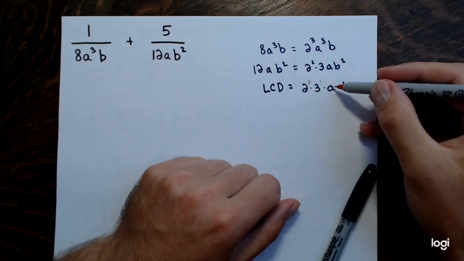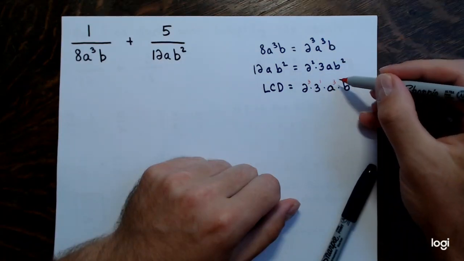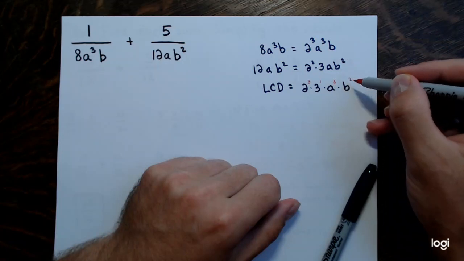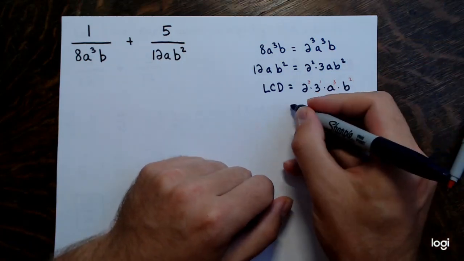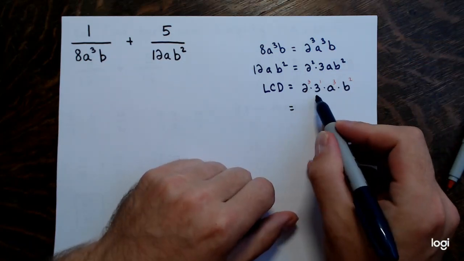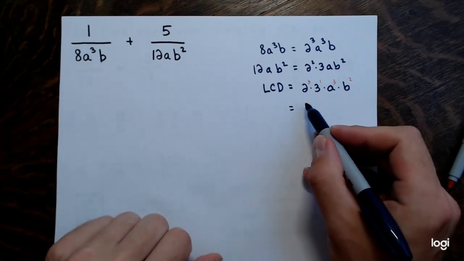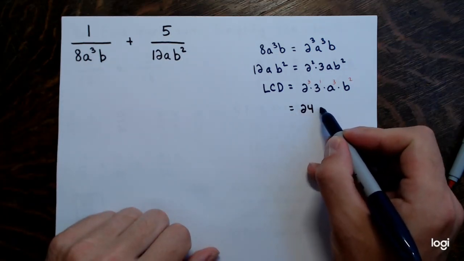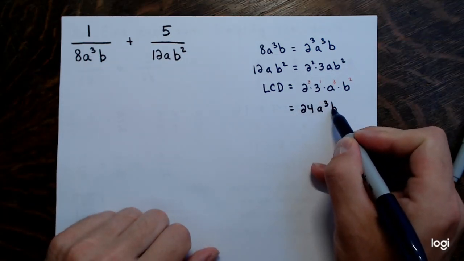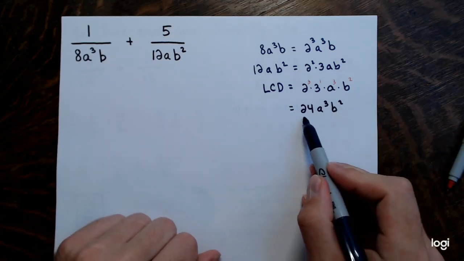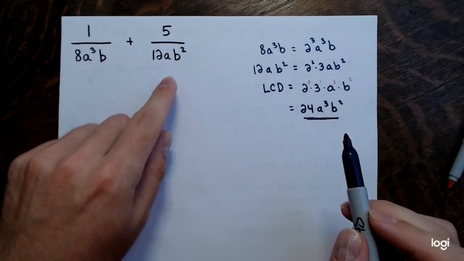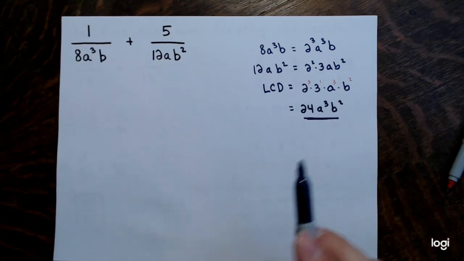And then the highest power of a is a to the third. The highest power of b is b squared. So the LCD is 2 cubed, or 8 times 3. 8 times 3 is 24 times a cubed times b squared. And this is what I want to make these fractions have a denominator of.